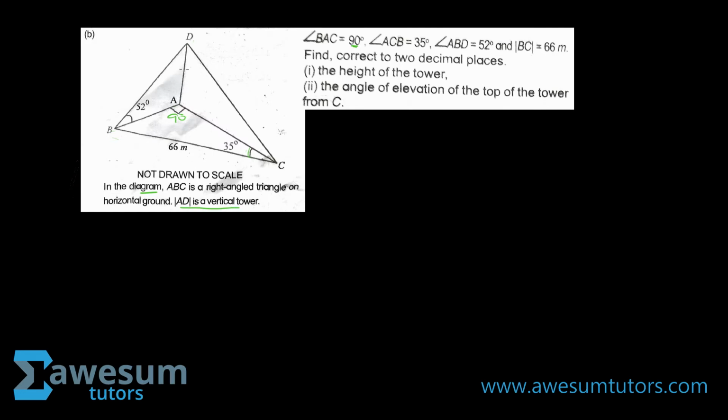And take note that this tower is on this point A of this triangle ABC, which is lying flat on a horizontal ground.